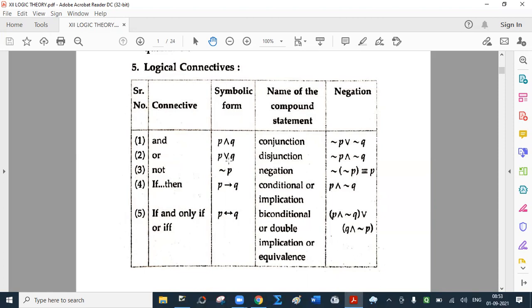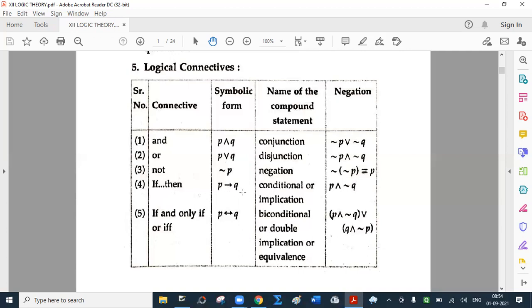Now, this is the symbolic form. This is the symbol for OR. Then NOT, which is called negation. This is the symbol which is called tilde. While reading this, you have to read it as not P. If then, this phrase, is called conditional or implication.